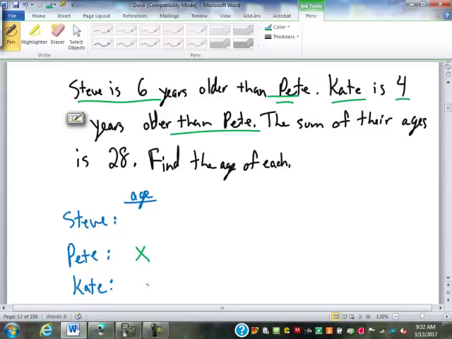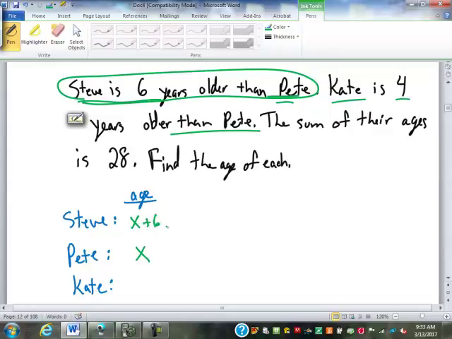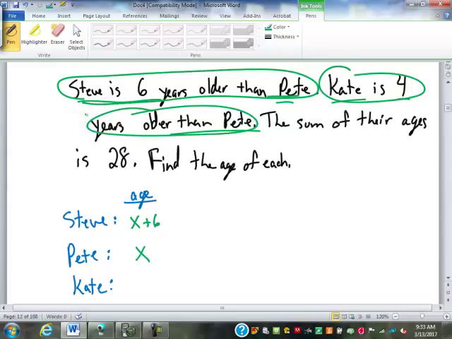So I'm going to let Pete's age be X. So Steve is 6 years older than Pete. What does that mean for Steve's age? X plus 6 or 6 plus X? 6 years older. Whatever Pete is, add 6 to it to get Steve. Kate is 4 years older than Pete. That means X plus 4 or 4 plus X, either way.